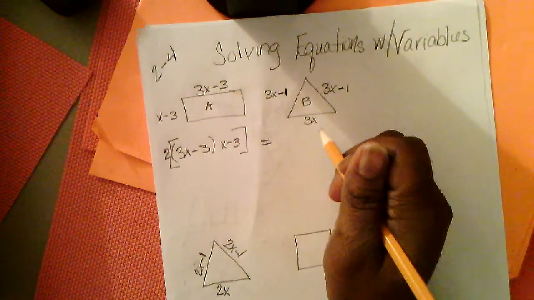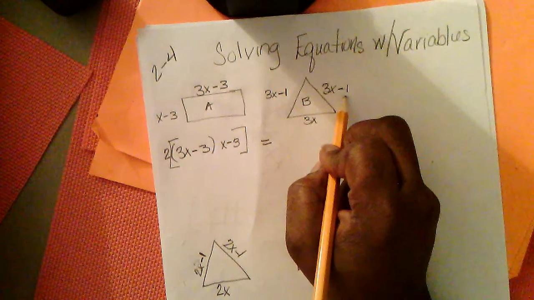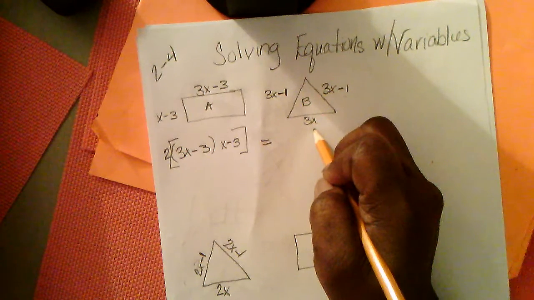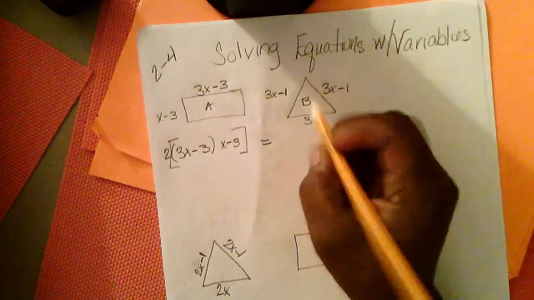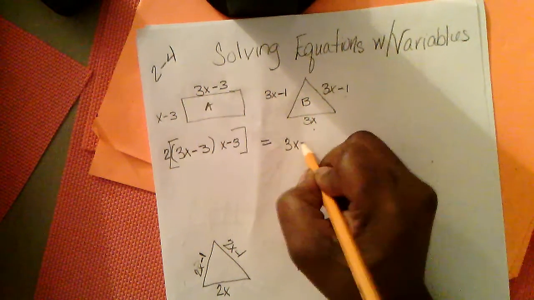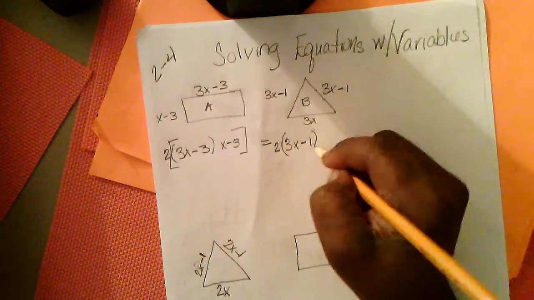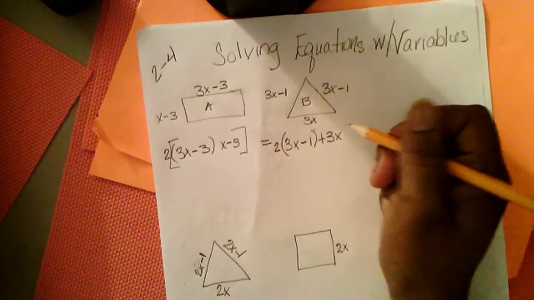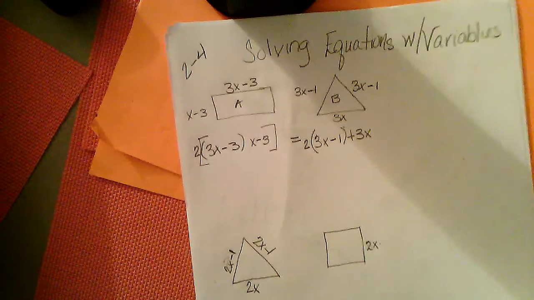And on a triangle, we have two sides of 3x minus 1 and one side of 3x. So let's list that out. And since we have two sides, we're going to list that like that, plus 3x.